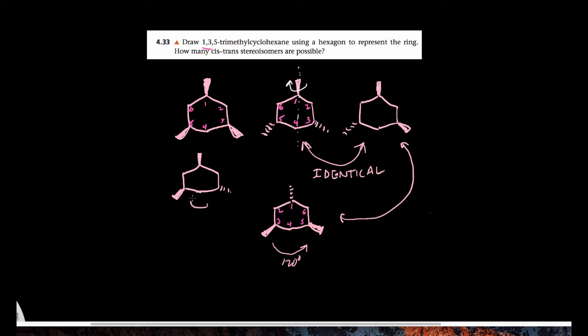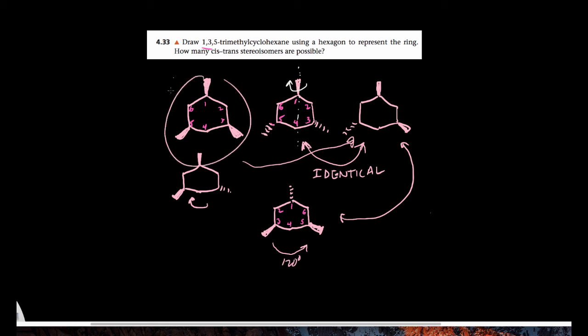We could just rotate this one and we'll arrive at this, which is identical to this. Rotating and flipping will make all of these, any two being cis to each other and the other methyl being trans to the first two methyls, all identical.